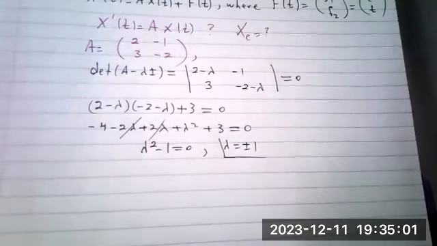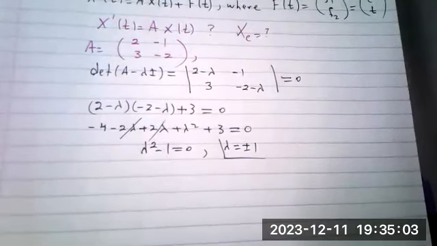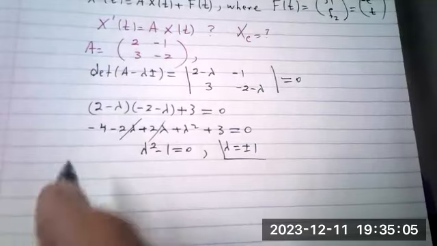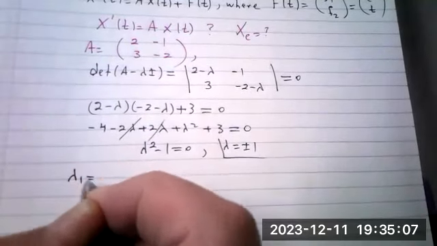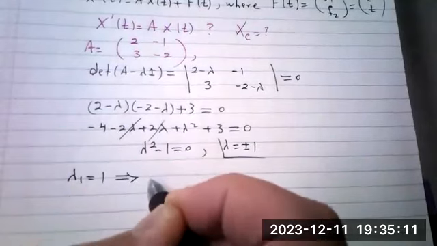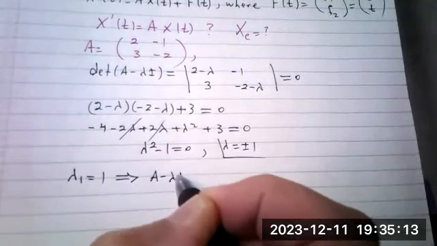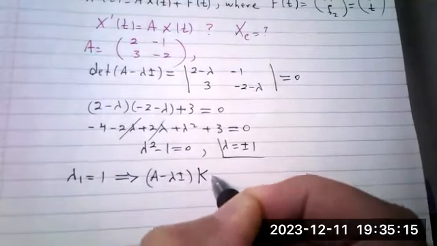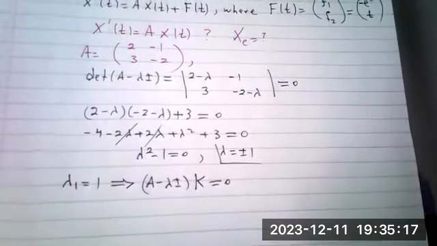So find the corresponding eigenvectors. I go with the first one, lambda 1 equal to 1. I have to form A minus lambda I times k equal to 0 to find the vector.